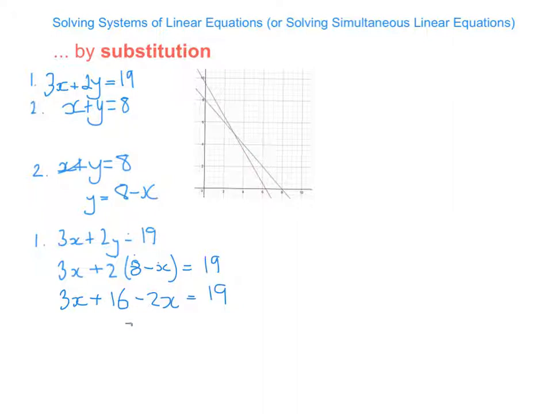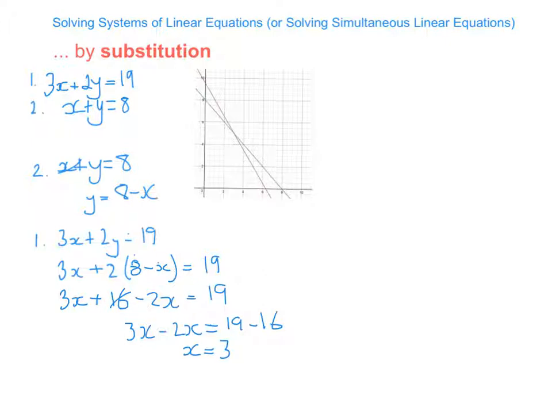So I have 3x minus 2x equals, if I subtract 16 from both sides, 19 minus 16. So 3x minus 2x is x, and 19 minus 16 is 3. So I get x equals 3. So I know that the common x value in both of these equations is 3.